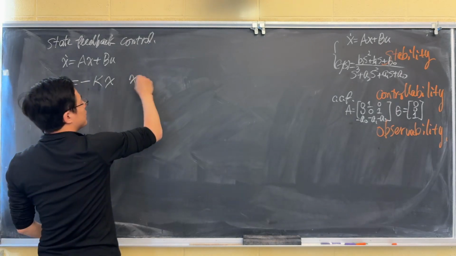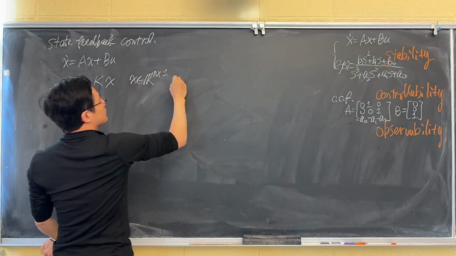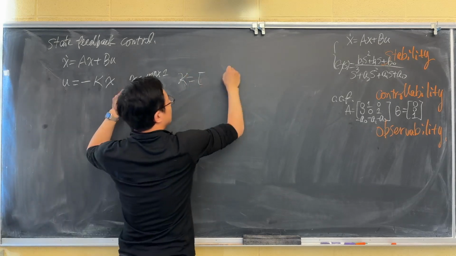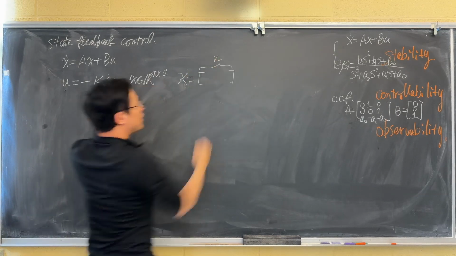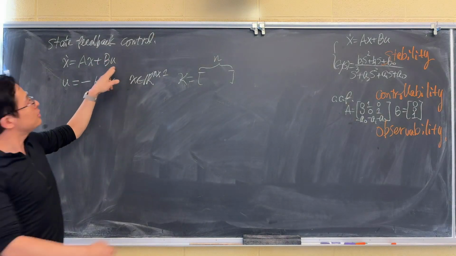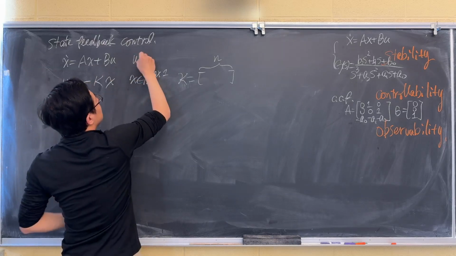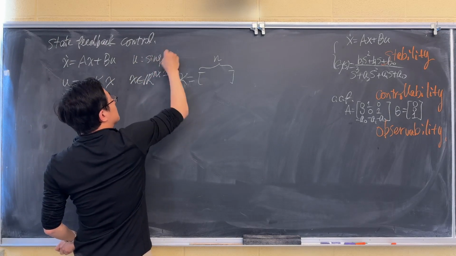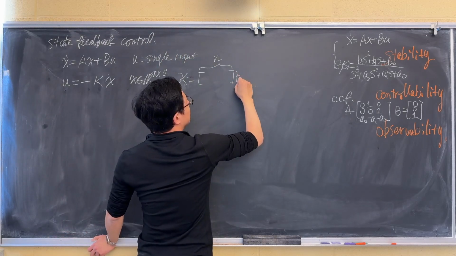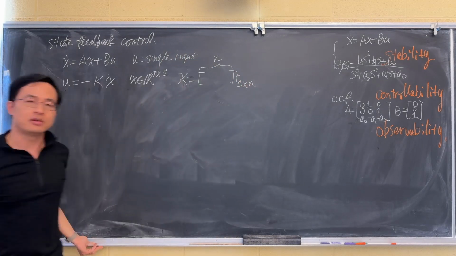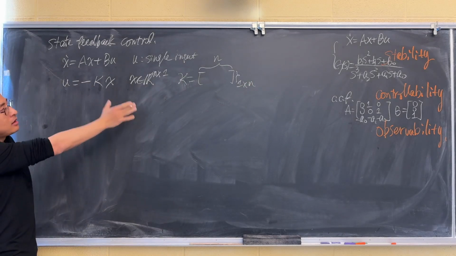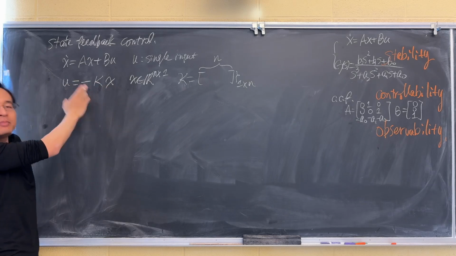If x is dimension n by 1, then K needs to have n columns to make the dimension match. Let's do a simple case where u is a single input, so K is a 1 by n matrix. The state feedback logic is extremely simple but extremely powerful.